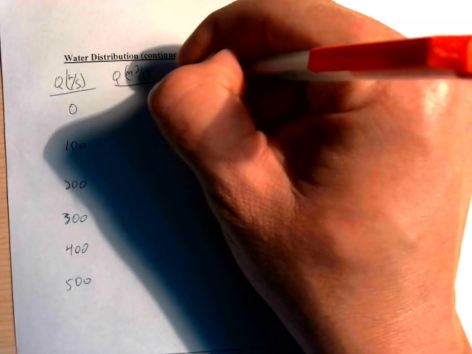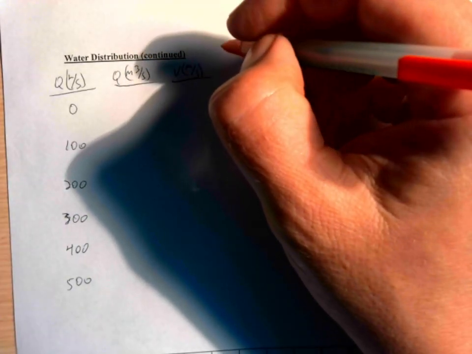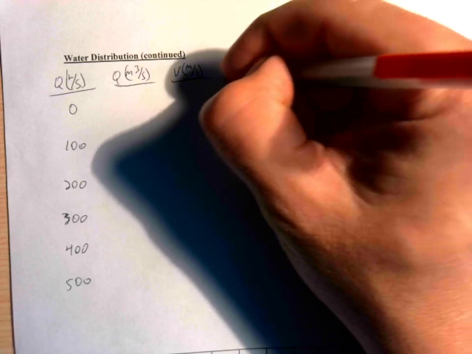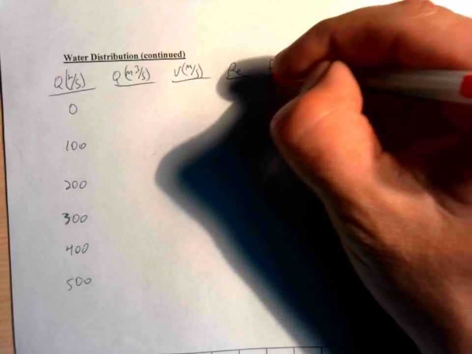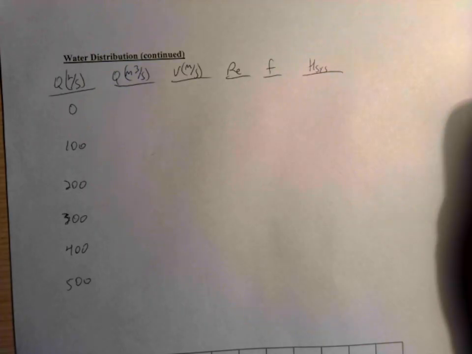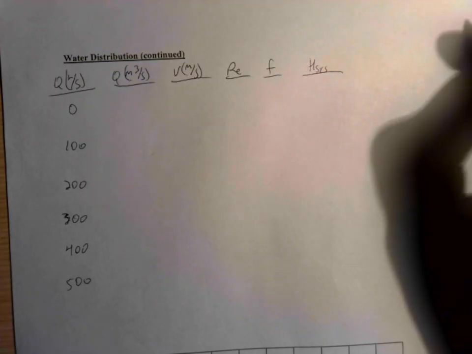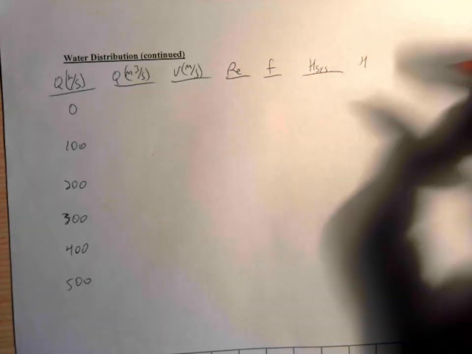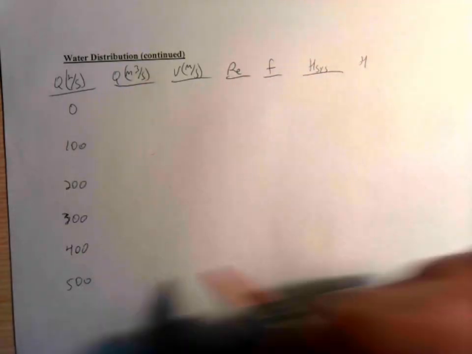So we'll do Q. I'll go ahead and convert it to meters cubed per second first, because we need to do that to get the velocity, which we'll do in meters per second. And then we'll get the Reynolds number, which is dimensionless, and then we will get the friction factor, and then we will get H system, the system curve, and we'll also retabulate here the numbers from the last page.